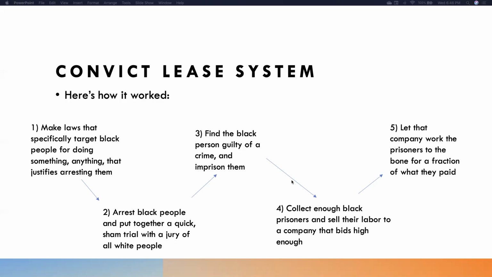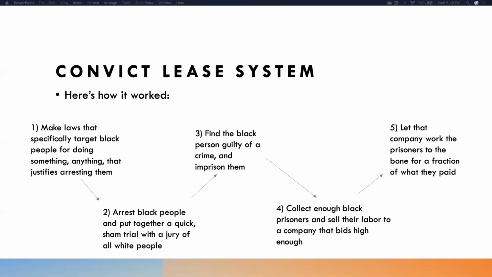So here's what they do then. They collect the Black prisoners, and then they put them together in what was known as chain gangs. Remember, Mrs. Robinson used that term, chain gangs. We'll get into that in just a second. But you get enough of them together in a chain gang, and then you have companies, and most of these companies are agricultural companies that just so happen to be the old plantation owners, but now they're a quote unquote company.